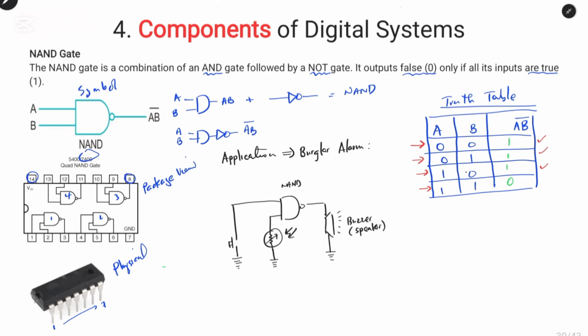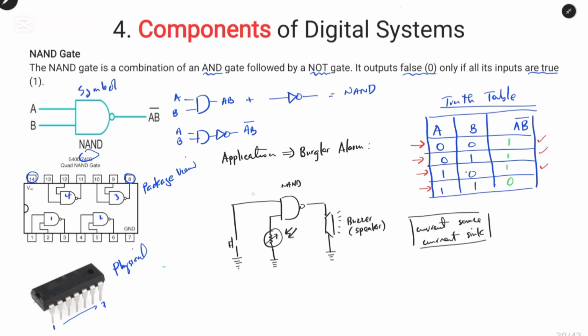I want to mention one thing about the current source and the current sink. There is a video for current sink and current source. You can watch it to understand what that means.